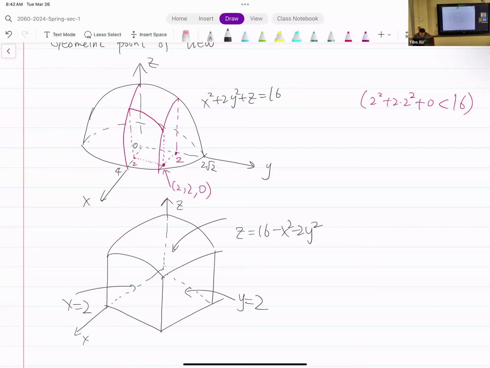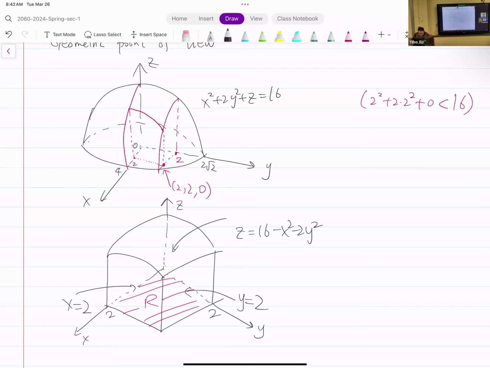So x-axis, y-axis. So this is the solid we're looking at, right? And at the bottom we have the rectangle. The x equals 2, right?